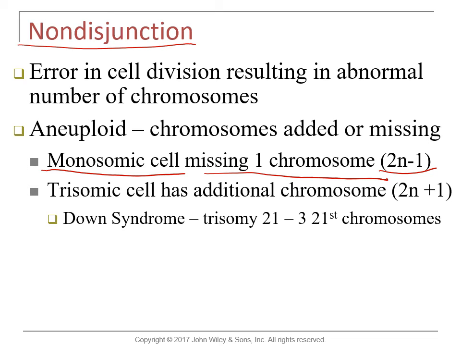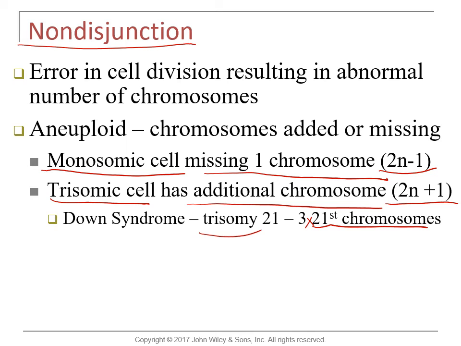And then we have a trisomic cell, which is 2n plus 1, when we have an additional extra chromosome in our chromosome set. Most cases of Down syndrome are aneuploid disorders in which there is trisomy 21, which means we have 3 copies of chromosome 21.